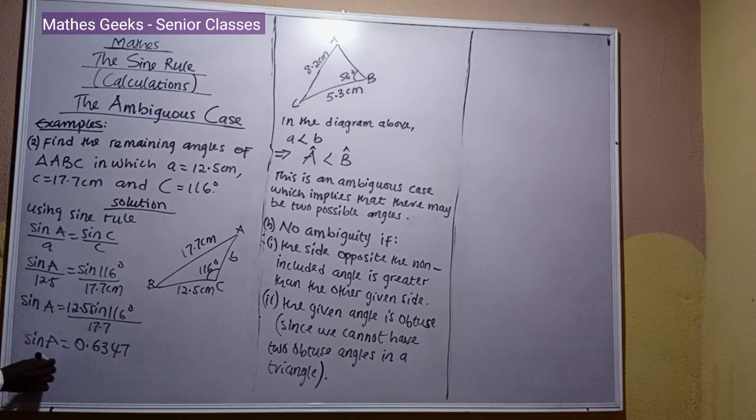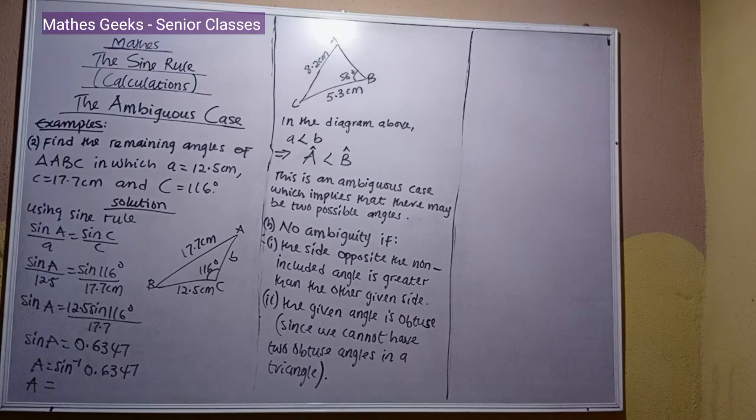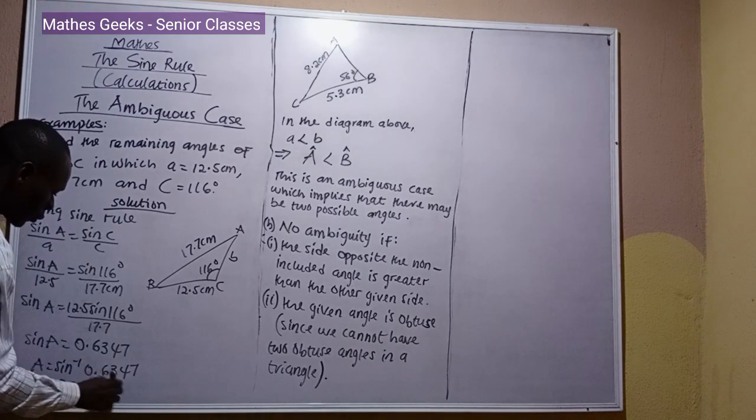So A is equal to arc sine 0.6347. Angle A is equal to 39.4 degrees.